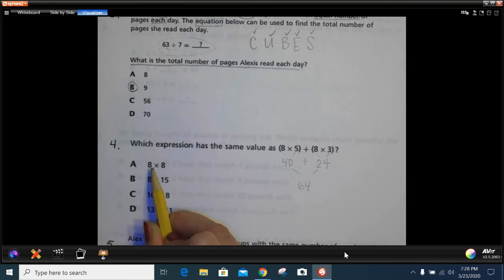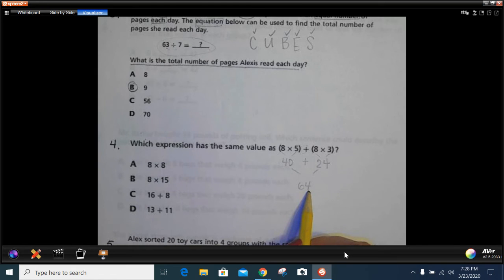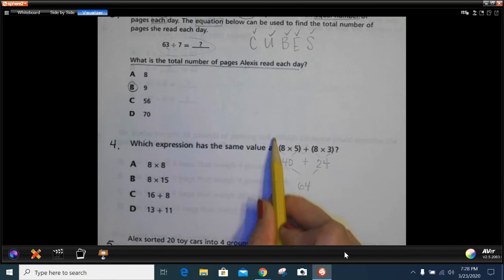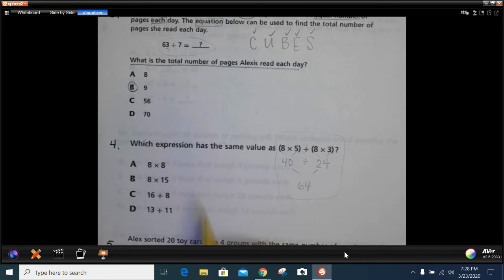Oh, but notice we have something interesting over here. We want to find out which one of these has the same value as this. So this value is 64. So we have to solve all of these. 8 times 8 equals 64. You guys know me. Go shopping to all of the stores. Guys, have I told you how to do 8 times 15? Not totally. Just a thought. 15 can be broken down into 10 and 5, 10 plus 5.